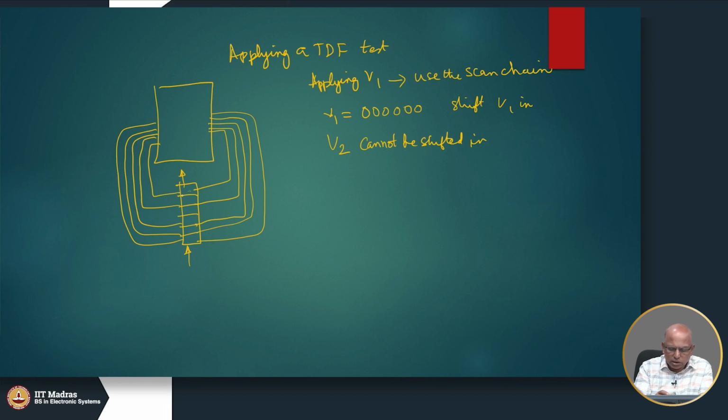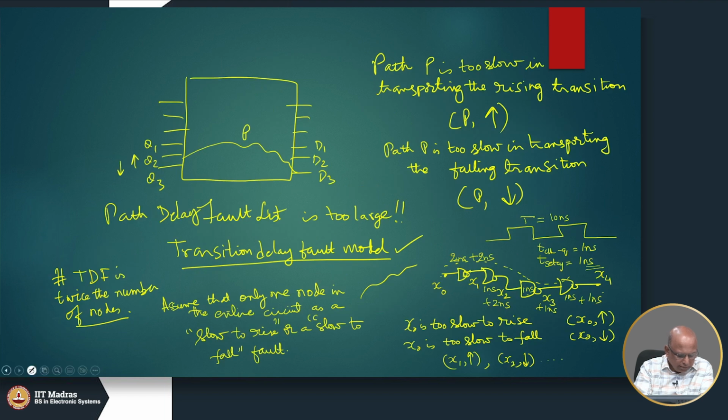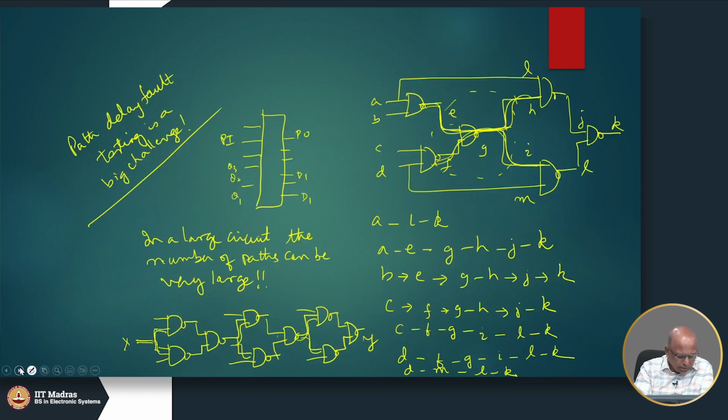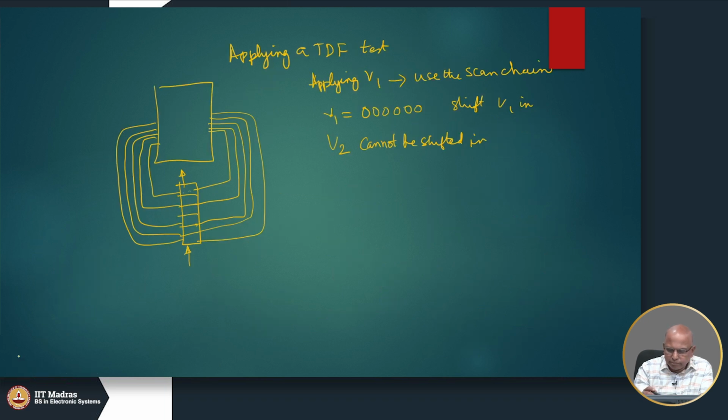We need to bring a 0 here in, I think it was A, right? A was the one which was to change from 0 to 1. So we want to change A from 0 to 1. We must change A to 1 immediately after this.